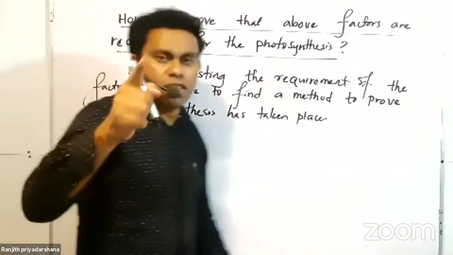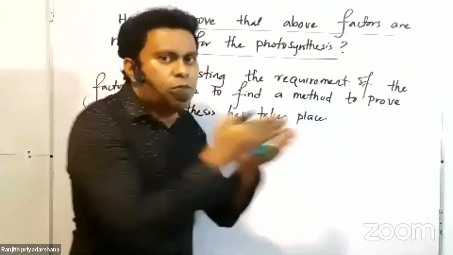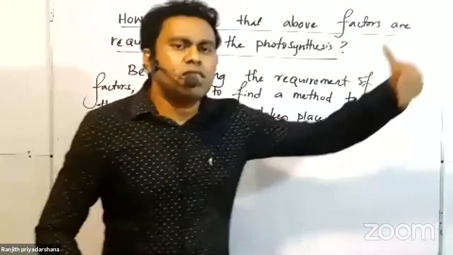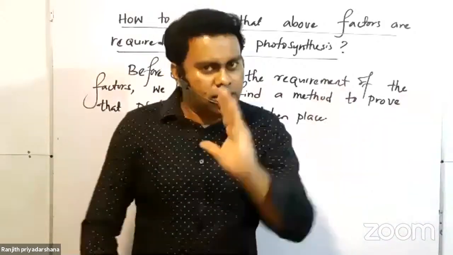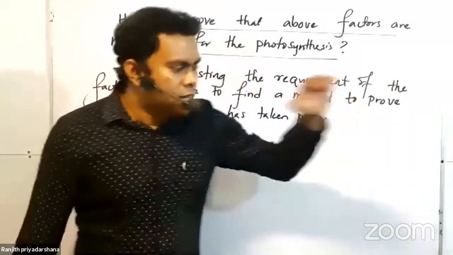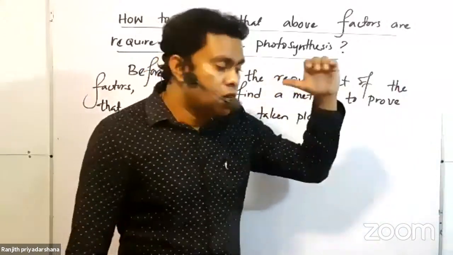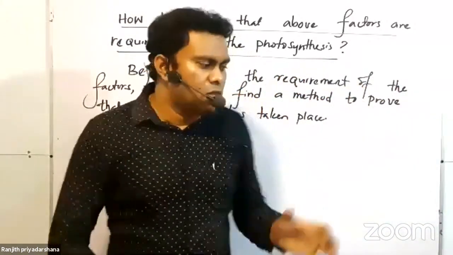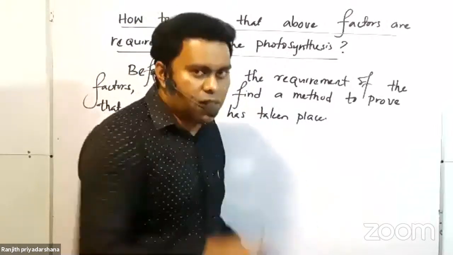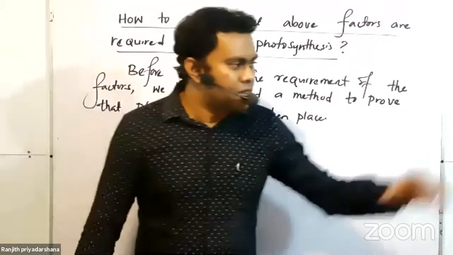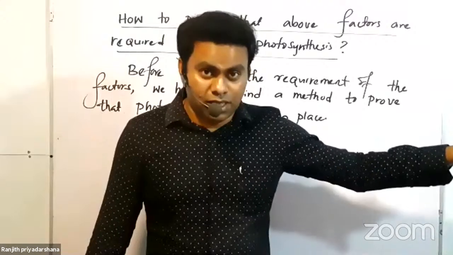The first thing we have to do: we give a certain factor, so photosynthesis takes place. In that case, we know that factor is required for photosynthesis, but we cannot confirm it. How to confirm? We control that factor. We don't give that factor to that plant. Then we can observe that the plant is not doing photosynthesis.